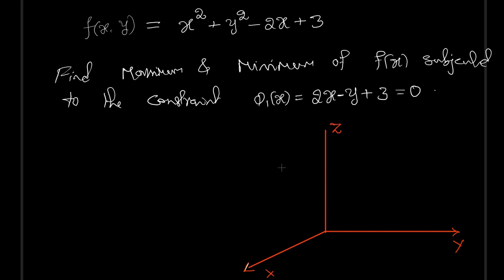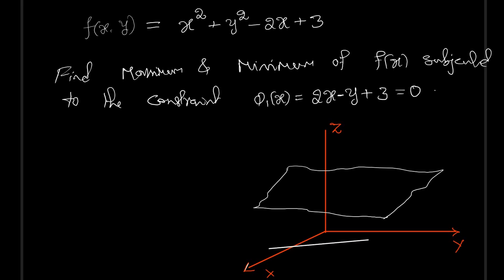Now you may have some function like this. The graph of the function may be given by some surface like this. And here the constraint is a line somewhere here. I'm just randomly drawing it. It is a line on the xy plane.